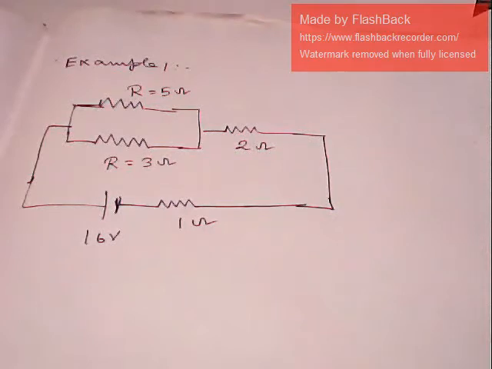We need to compute the equivalent resistance of this network, then obtain the voltage drop across each of the resistors.